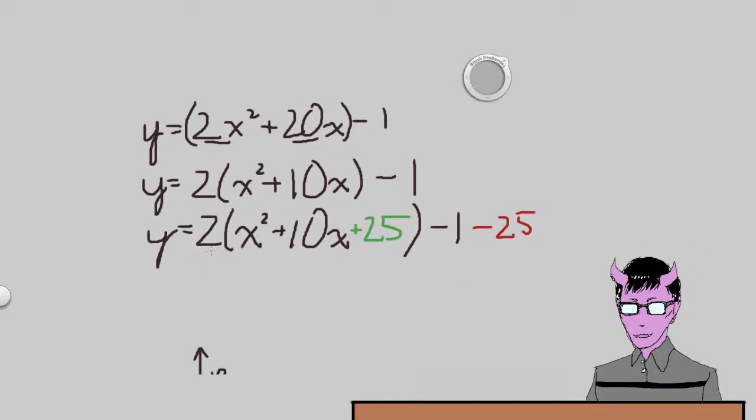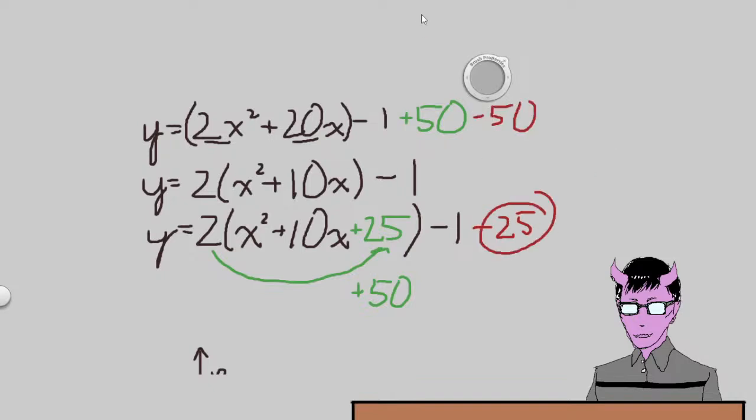The unfortunate reality is this one will be distributed to that one, generating positive 50. So your entire equation has been altered by plus 50. You don't want to do that. So you want to negate that 50 by subtracting itself. So minus 50.